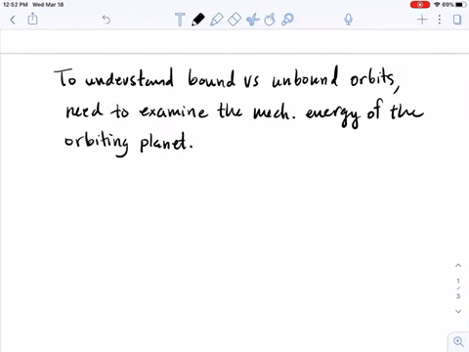Okay, so mechanical energy is going to be the kinetic energy plus the potential energy. And this is going to be equal to a constant. In the absence of dissipation, there's nothing to take mechanical energy out of our system, and so that mechanical energy is going to remain constant.